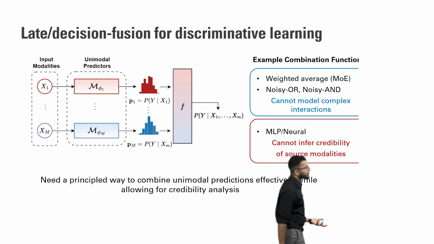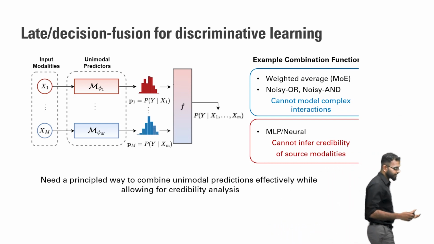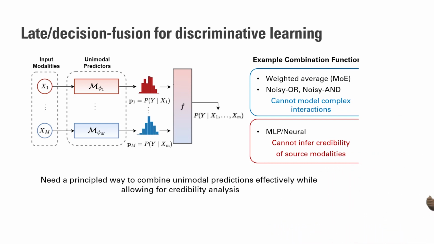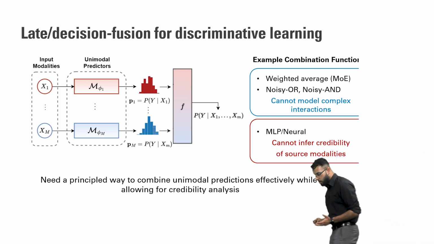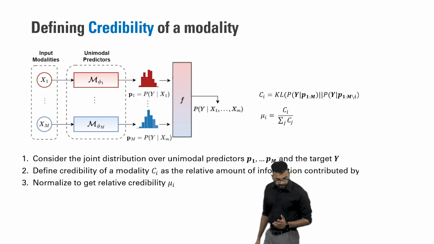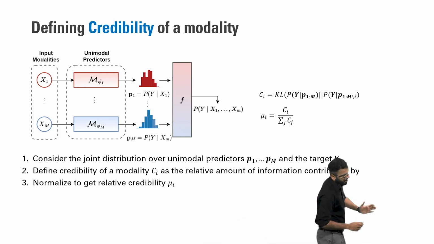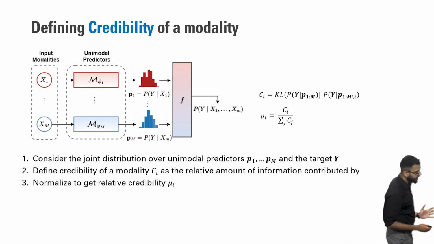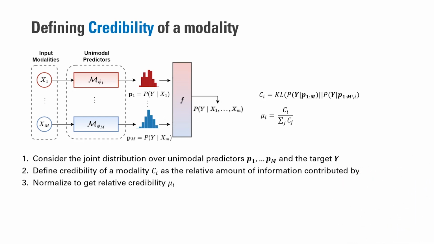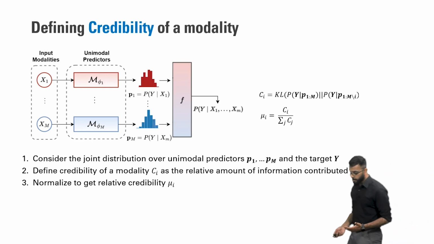And neural transformations, though expressive, are black box models, right? You cannot infer any notion of importance or credibility from such a neural model. So we are interested in using probabilistic circuits to define a notion of credibility here and use it as a fusion function in this context.